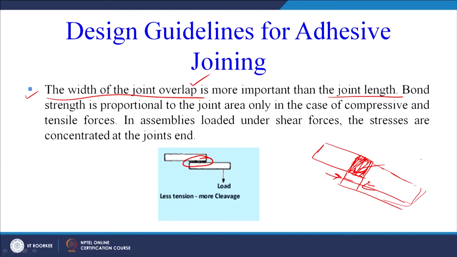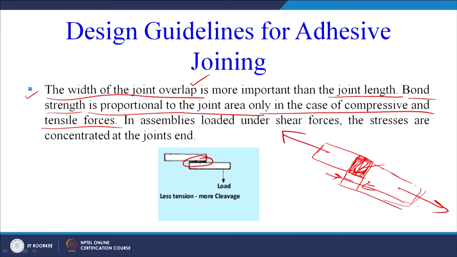So the bond strength or the failure load is proportional to the joint area only in the case of compressive and tensile forces. If it is being loaded in tension or under compression, this joint area is going to affect the bond strength. In assemblies loaded under shear forces, the stresses are concentrated at the joint ends, depending upon the type of loading that is going to come on the product.